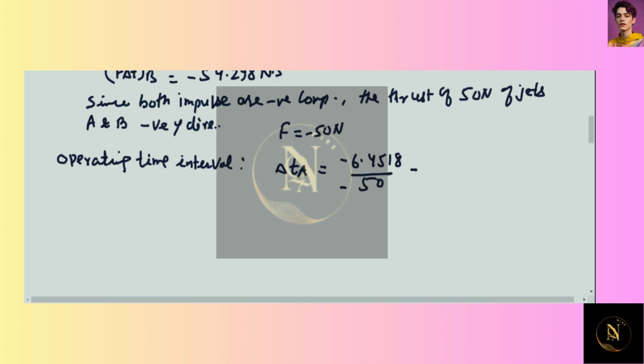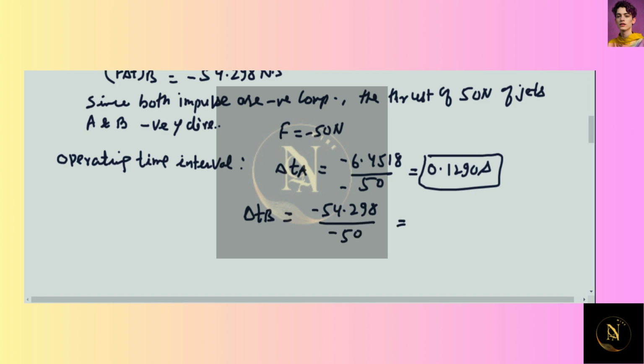So it will be 0.1290 second, and for jet B it will be minus 54.298 upon minus 50. So it will be 1.086 second.